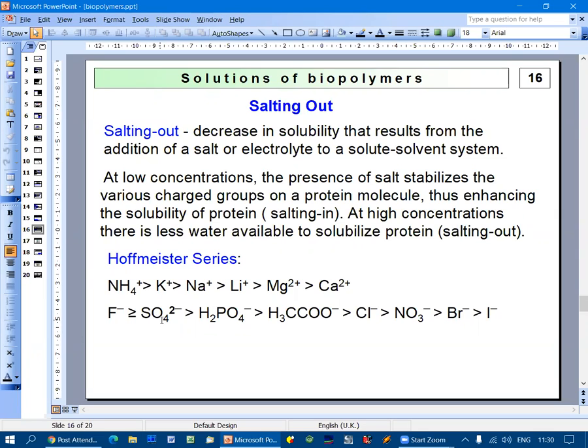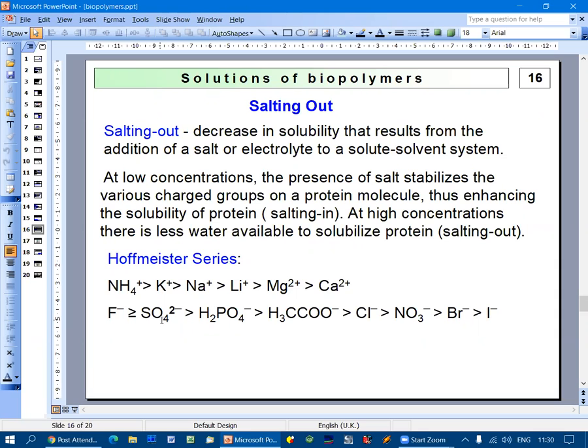It means that the amount of free water in which our protein was dissolved decreases. We just decrease the amount of solvent in which our polymer was dissolved. Of course, it will lead to formation of precipitate.